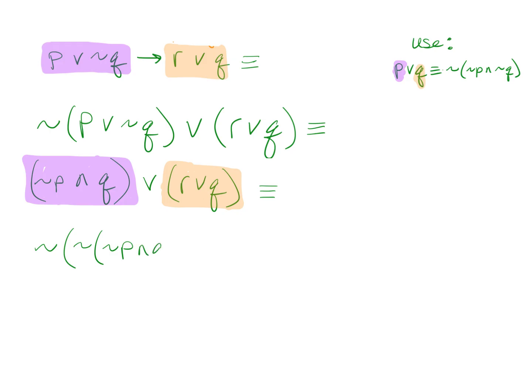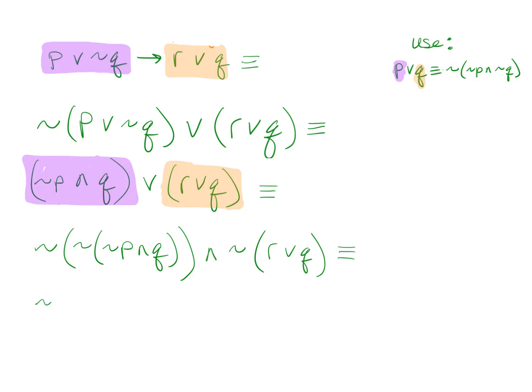Not P and Q. So that's my not P, not purple, and not Q. So now I need an and a not, and Q is what is written in orange. So I need not the letter Q, but what's written in orange, R or Q. Now I can use De Morgan's law on this last piece here. I can distribute that negative sign, change that to an and, and I will have all my ors gone.